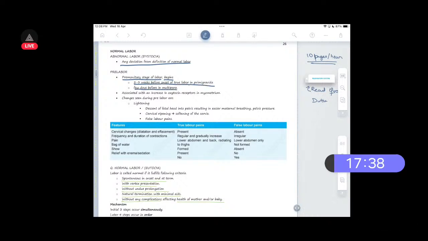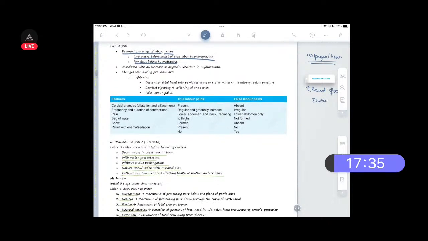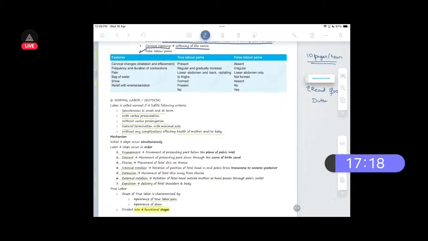It is associated with an increase in oxytocin receptors in the myometrium. So, what are the changes seen in pre-labor? You have lightening, descent of the fetal head into the pelvis, resulting in easier maternal breathing and less pelvic pressure. Then cervical ripening, softening of the cervix, and false labor pains will be seen.